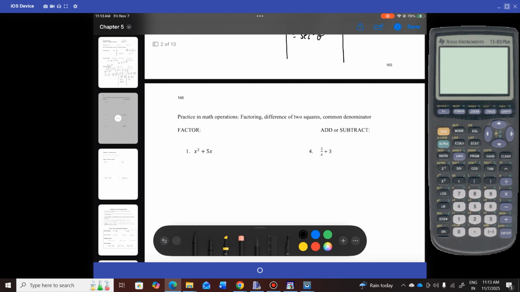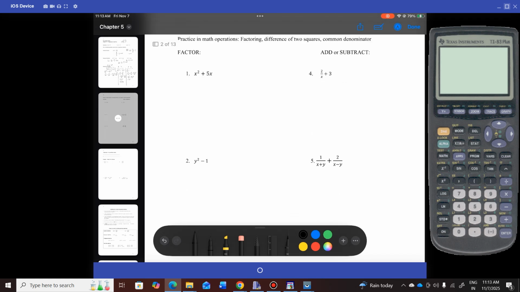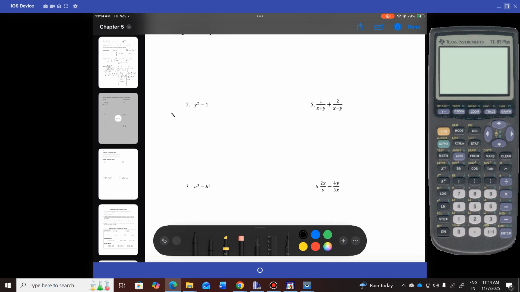Okay. With what we're going to be doing, it's common to use some algebra stuff that can come up. So some common things. One is factoring. Notice you can factor out x. You get x plus 5. We may have to do that with sine, cosine, or tangent. Difference of two squares will come up a lot. So that's just y plus 1 times y minus 1.